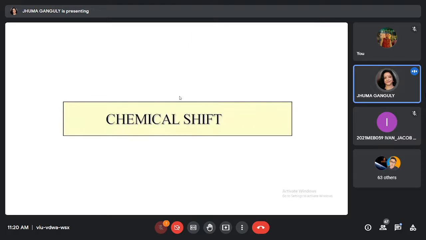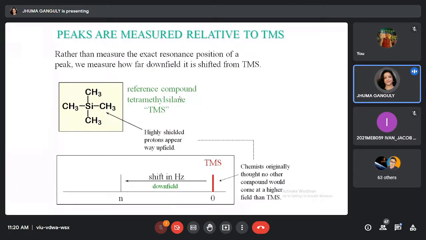Now, chemical shift measurement is the most fundamental thing for organic chemists to identify the proton environment and position. But we need some standard here. We measure the chemical shift on a delta scale, delta in ppm.